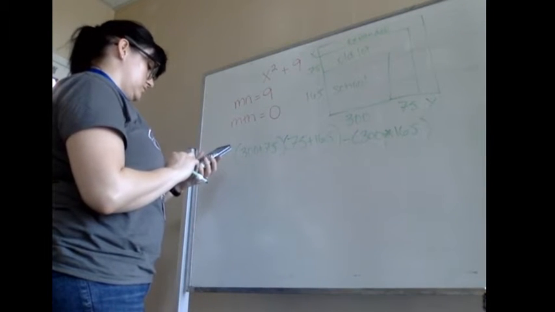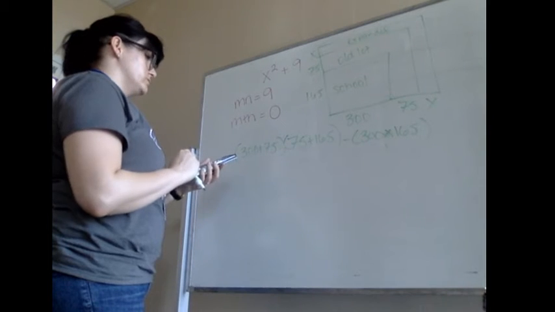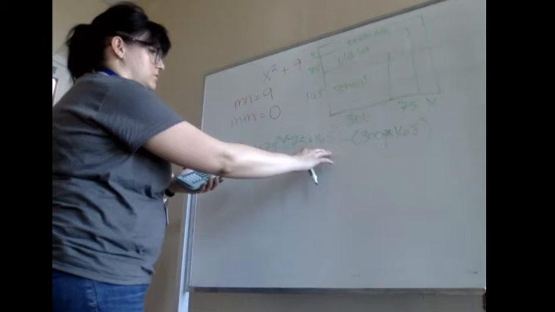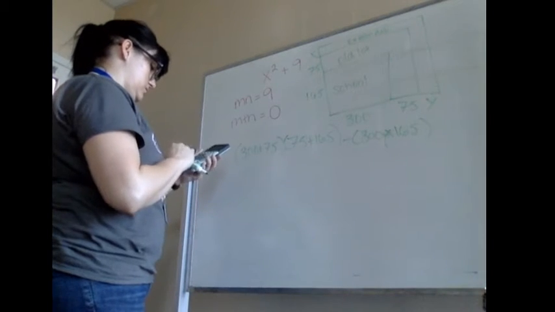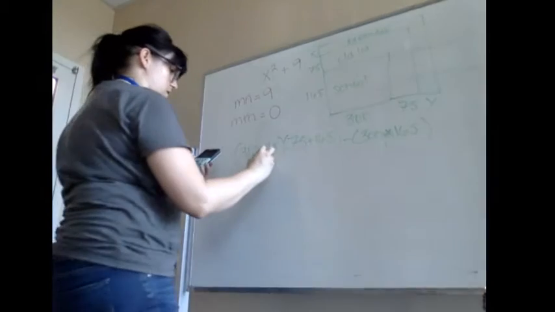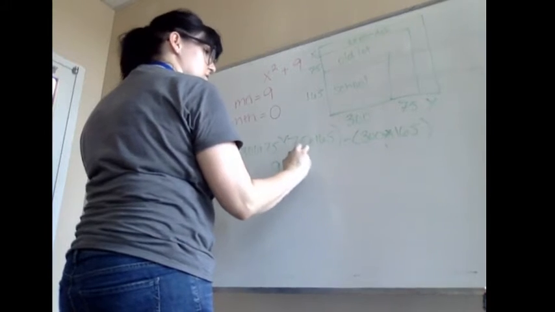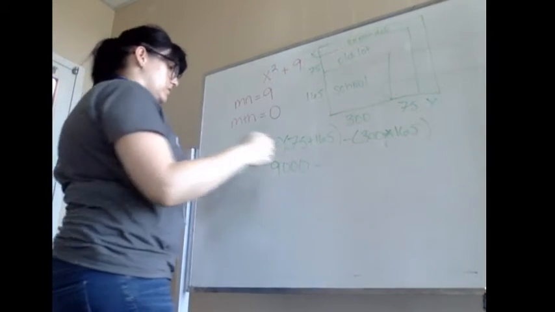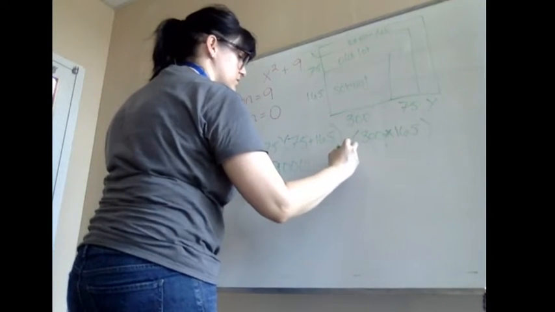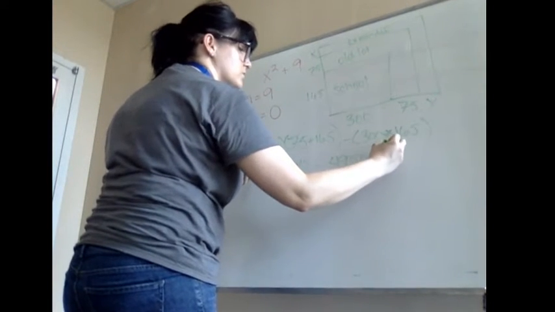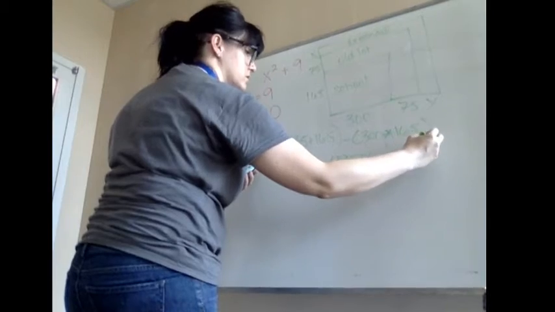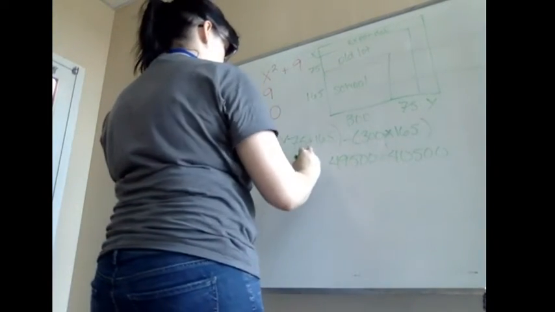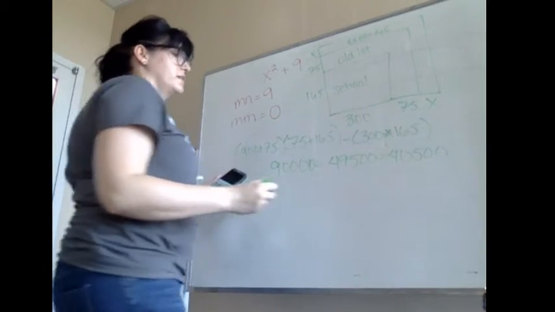So 375 times 240, 90,000, minus 49,500 equals 40,500. Oh, I'm adding extra zeros, or not adding enough.